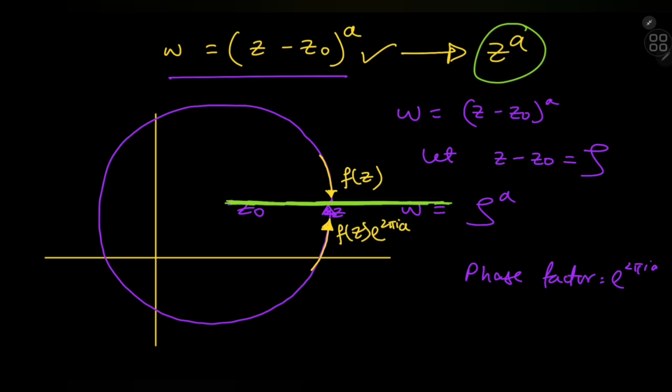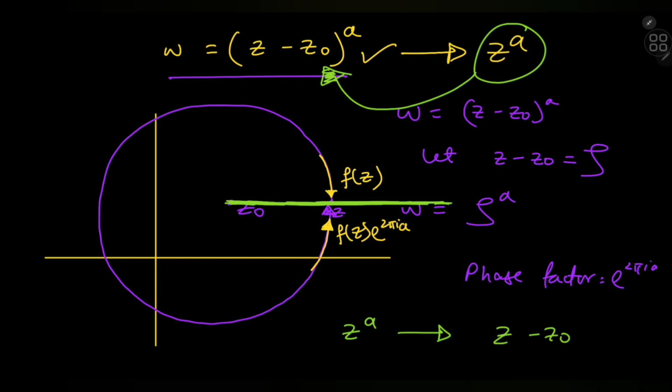This will define it continuously as well. And vice versa, the branch cut that defined z to the a to be continuous will also work for this function as well. So any branch cut that works for z to the a also works for (z minus z naught) to the a, where z naught is some non-zero complex number.